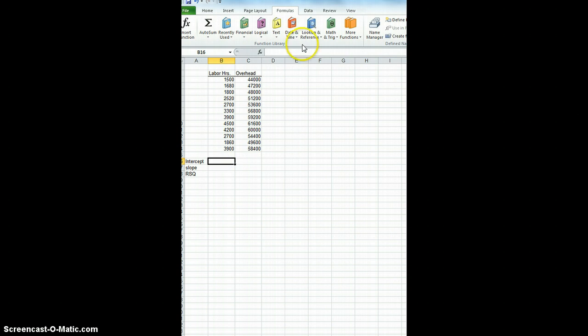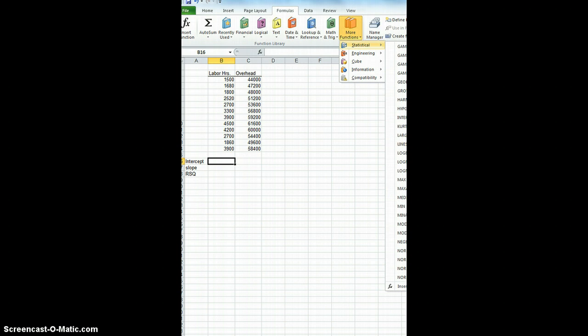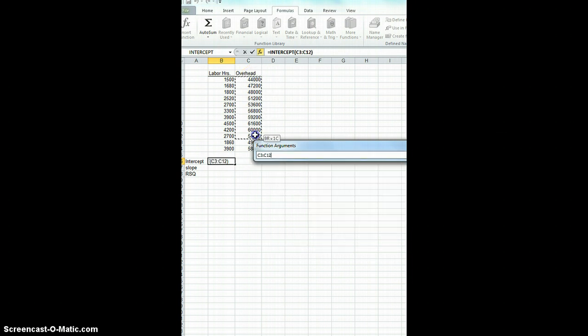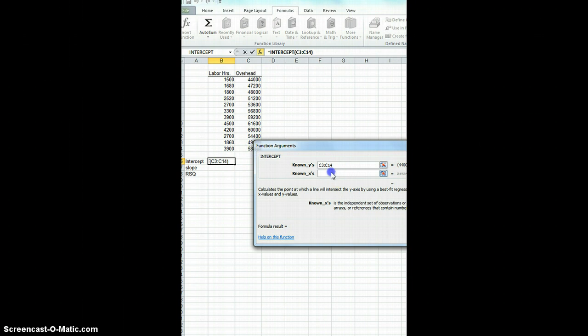To calculate the intercept, once again, we go to Statistical, scroll downward to Intercept, and we then need our Y's and X's. Our Y's would be the overhead costs.